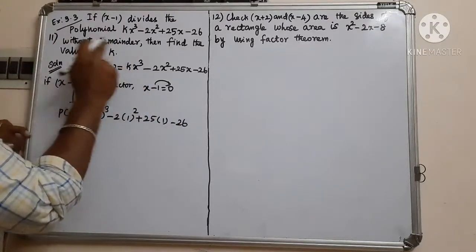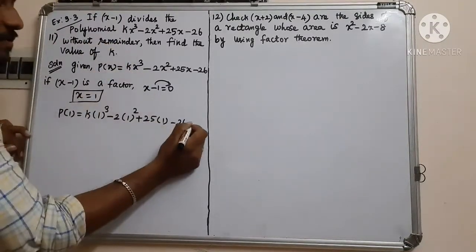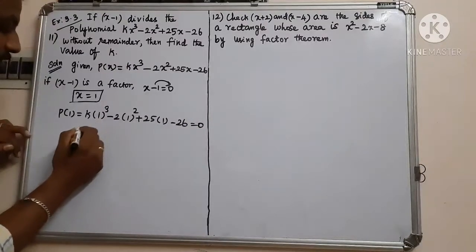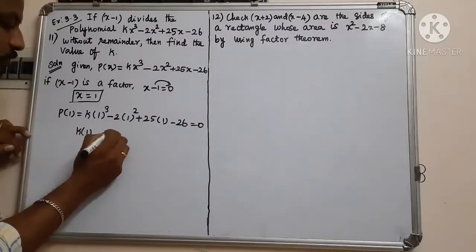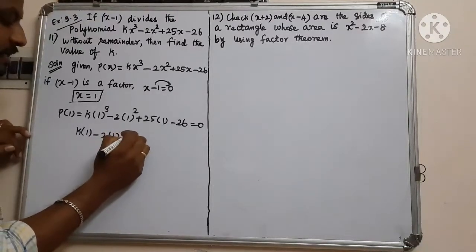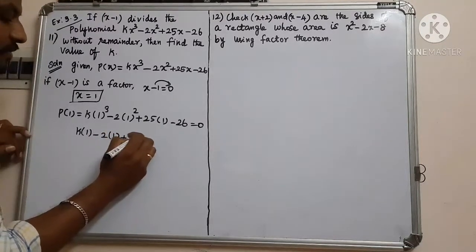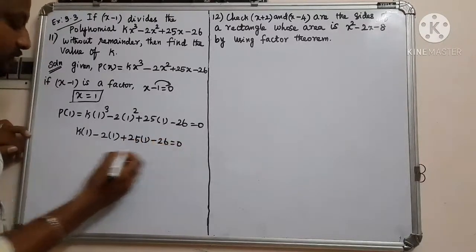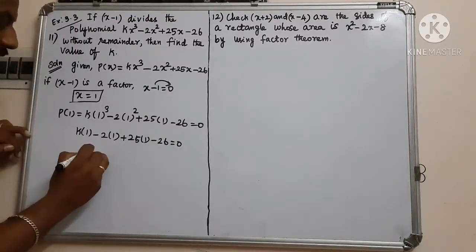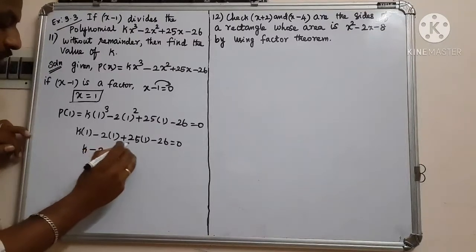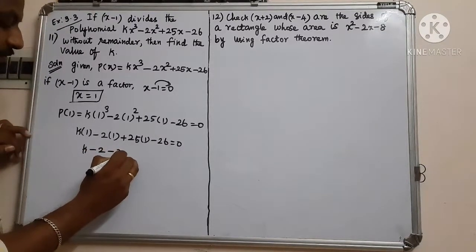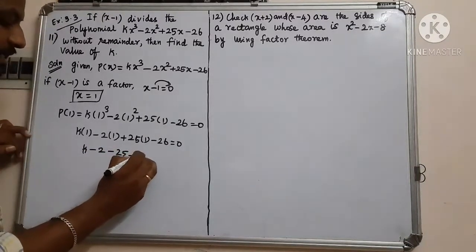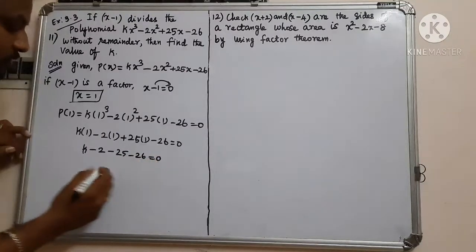That is only given as without remainder. So k into 1 cube is 1, minus 2 into 1 square is 1, plus 25 into 1 minus 26, which is equal to 0. So k into 1, k minus 2, 25 into 1, 25 minus 26 is equal to 0.